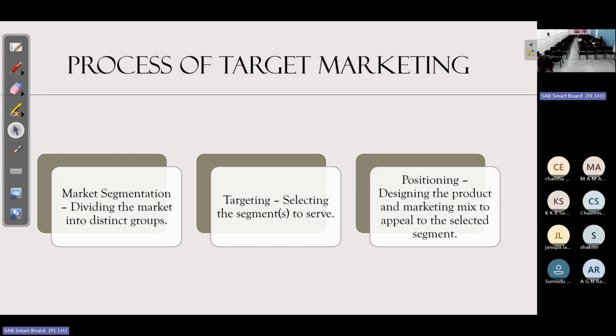Third one, highlight advantages of the product compared to competitors.